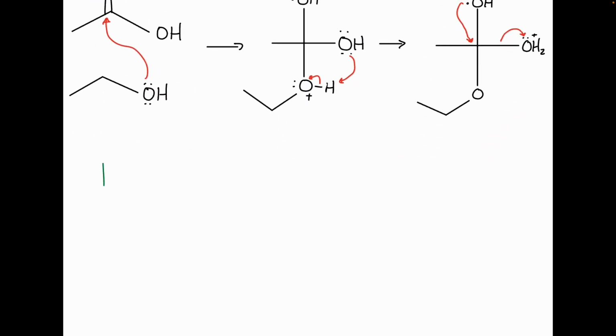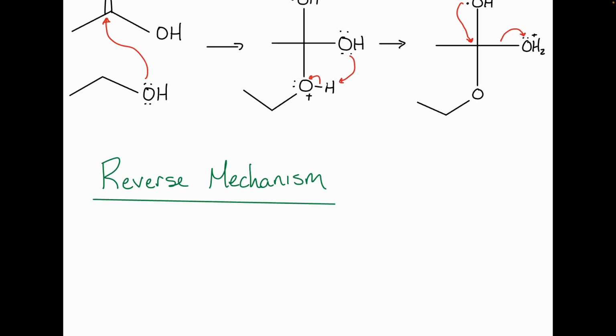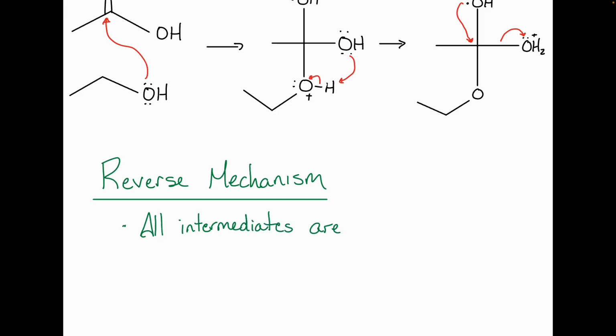All right, we don't have to draw the full reverse mechanism here, but let's just note, if we wanted to do our mechanism but in reverse, all of our intermediates stay the same. We would just have to redraw our arrows.